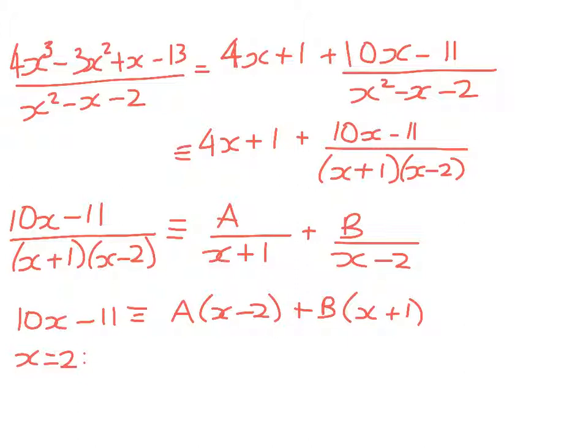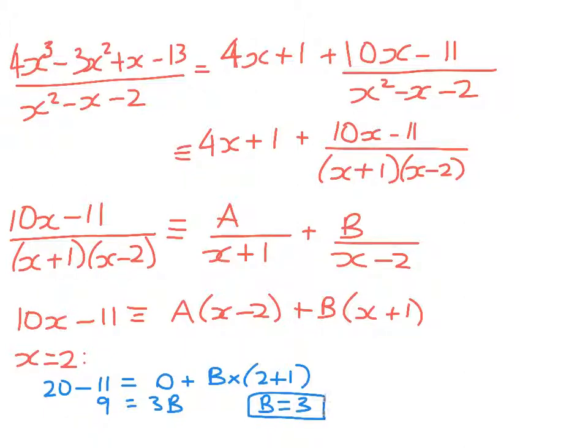Right, well, we get 20 minus 11 is equal to 0 plus b times 2 plus 1. So we get 9 is equal to 3b. I'm running out of space, but hopefully you're not. So we get b equals 3. So that's one of them. Now substituting x equals negative 1.